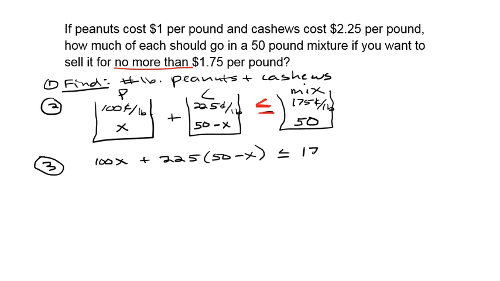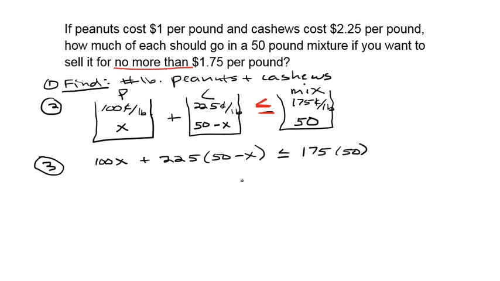So I've got 175 times 50. When we do bucket equations, the product of each bucket stands for its value. So I end up with this equation, actually an inequality, and that's what I need to solve.